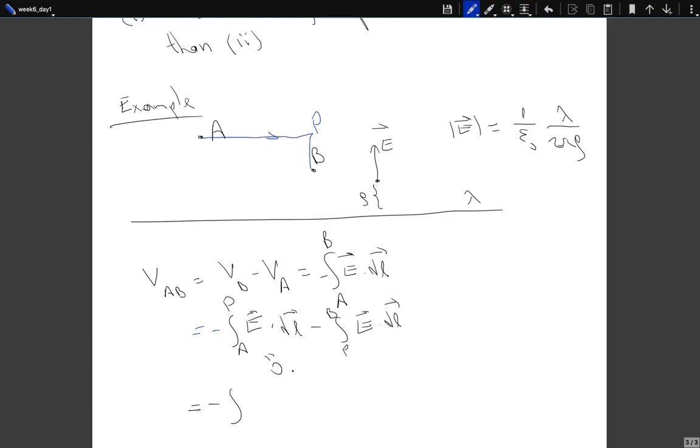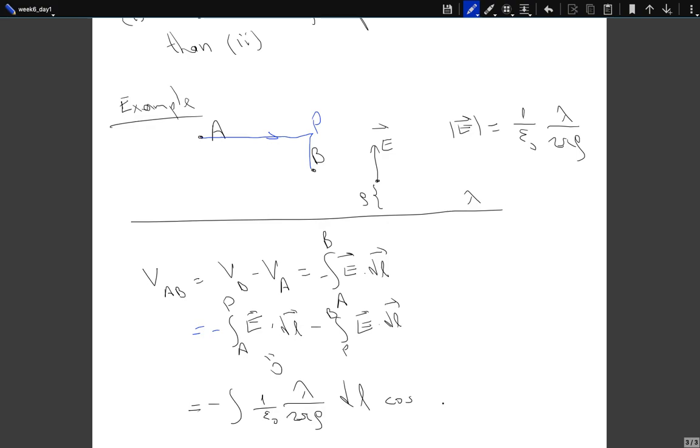Well, the magnitude of the electric field is just 1 over epsilon 0, lambda over 2 pi rho, times dl. And the angle between E and dl: when I'm writing this scalar product, I have to multiply the product of the magnitudes times the cosine of the angle between the two.